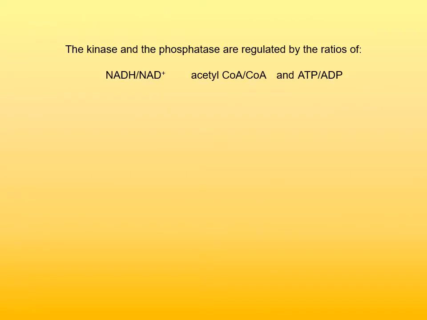These two enzymes, kinase and phosphatase, are regulated by the ratios of NADH to NAD, acetyl coenzyme A to coenzyme A, and ATP to ADP. High ratios indicate that there are no significant energy demands, so they promote phosphorylation and deactivation of the pyruvate dehydrogenase complex.